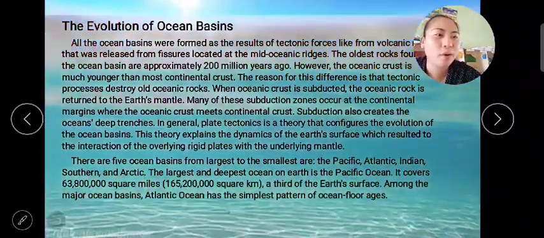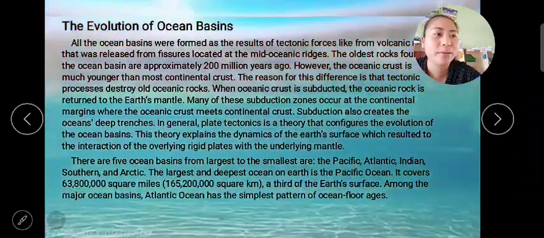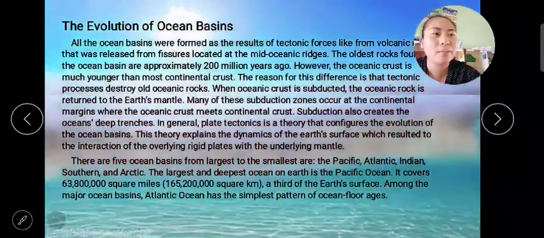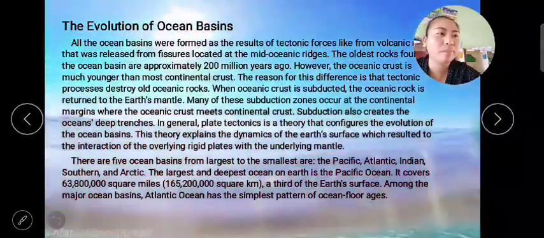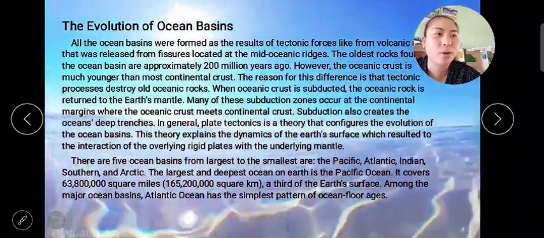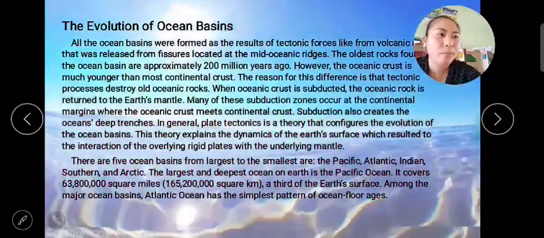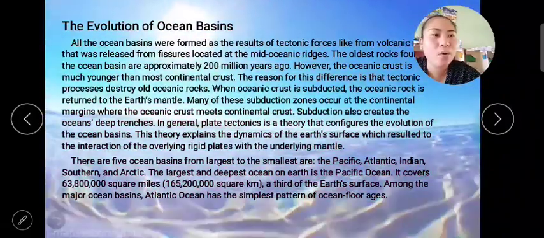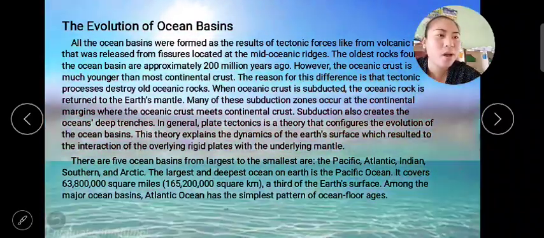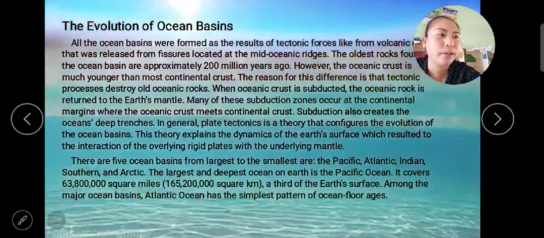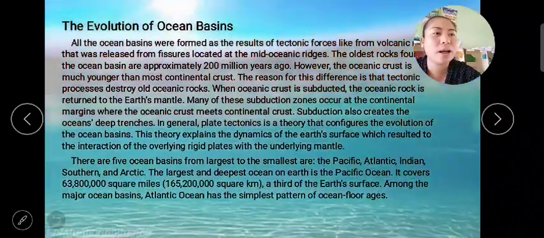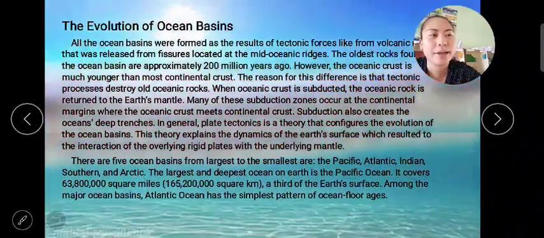The oldest rocks found in ocean basins are approximately 200 million years old. However, the oceanic crust is much younger than most continental crusts. The reason for this difference is that tectonic processes destroy old oceanic rocks. When oceanic crust is subducted, the ocean rock is returned to the Earth's mantle. Many of these subduction zones occur at the continental margins, where the oceanic crust meets continental crust. Subduction also creates the ocean's deep trenches.